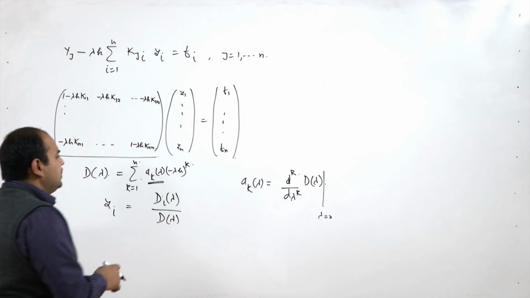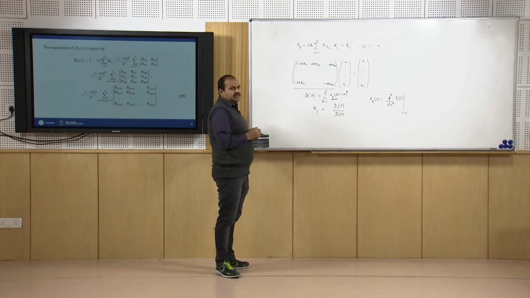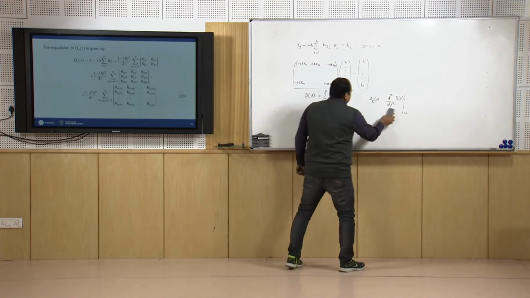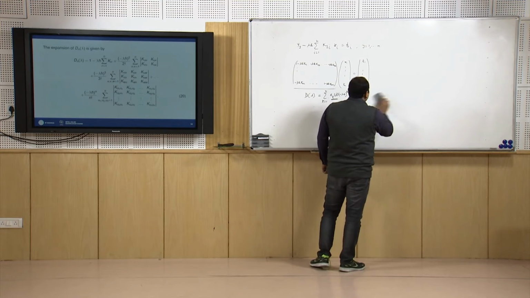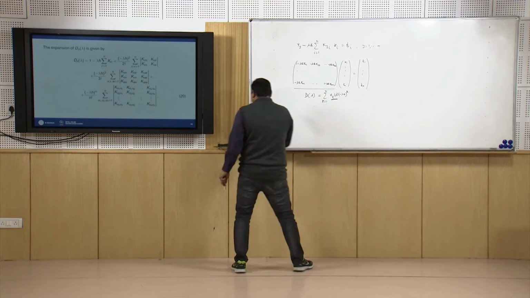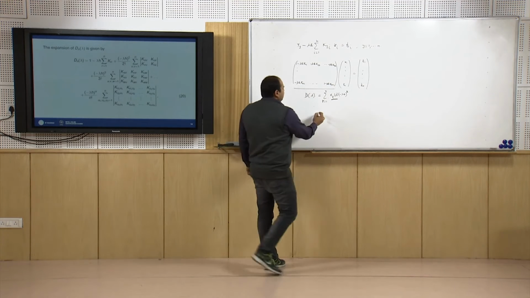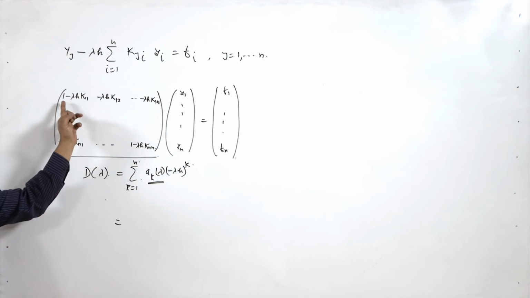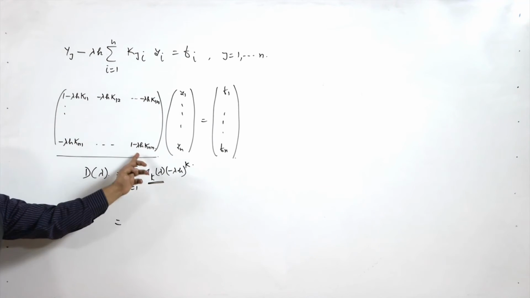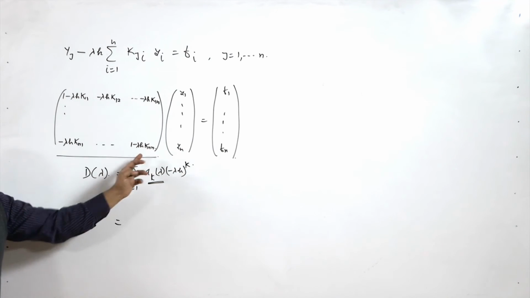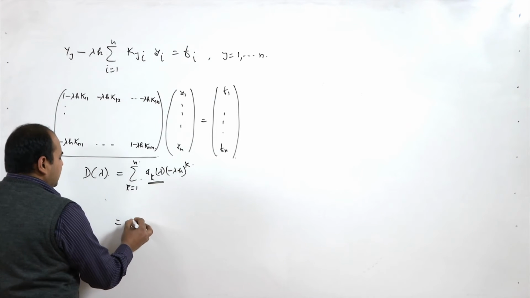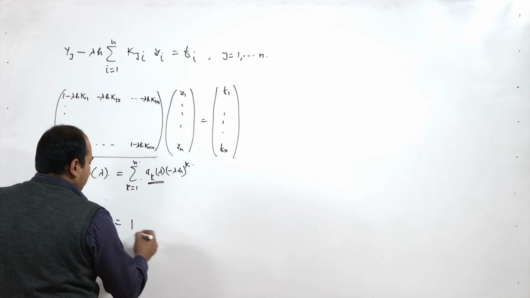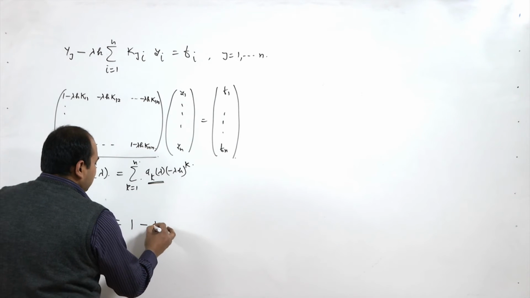If we can do this, then you can get a_k, but this is a little bit involved. So rather than writing this, we try to collect the corresponding coefficients here. If you look at the constant term, it is nothing but 1, which you can obtain by multiplying the diagonal terms. So the constant term is 1, and then we want to find the coefficient of minus lambda h.